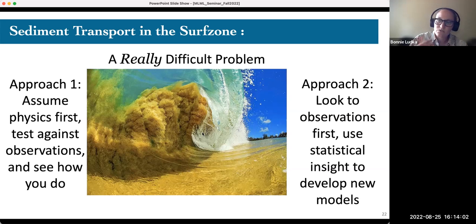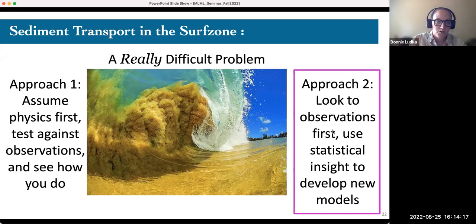Another approach is to look to the observations first, and then use statistical insight to develop new models. Both approaches are valid. In this case, what I've done is more in line with approach number 2. So we're going to look to the observations first and use some statistical insight to develop new models.